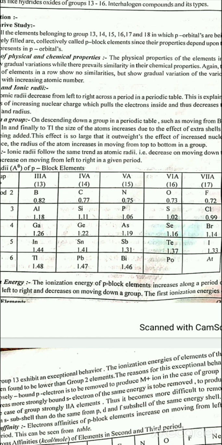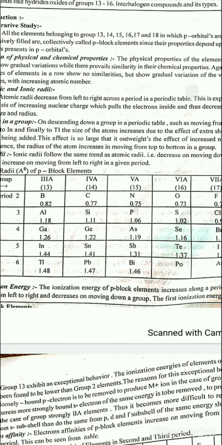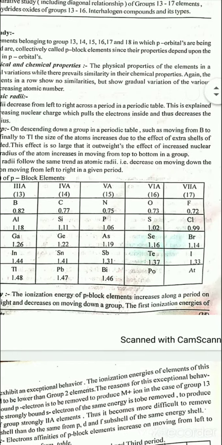boron has 0.82 and aluminium has 1.18. You can see that period number 2 means a smaller shell size. Then the size increases, because there is a new, extra shell, and it is so large that it outweighs the effect of the increased nuclear charge.